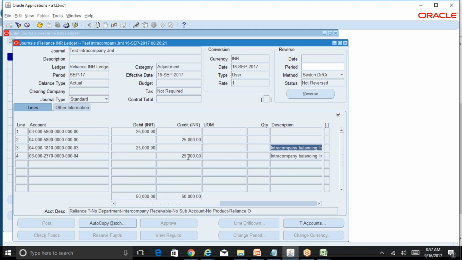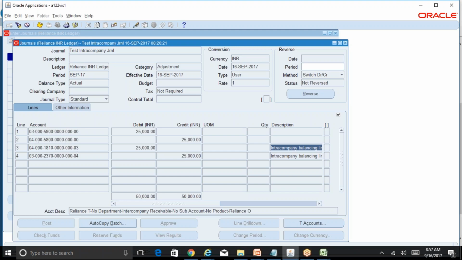For 04 there is a credit, and the system has created the missing debit for the 04 company code, and the intercompany segments are the other sides. The intercompany receivables and intercompany payables are picked up from the intra-company rules, whatever we have mentioned.